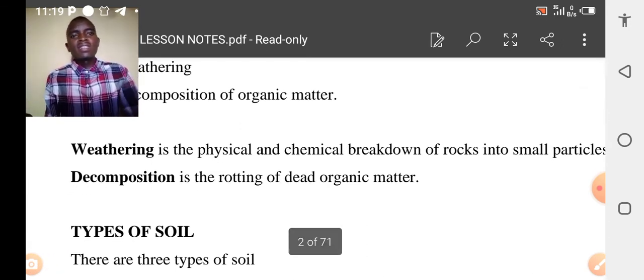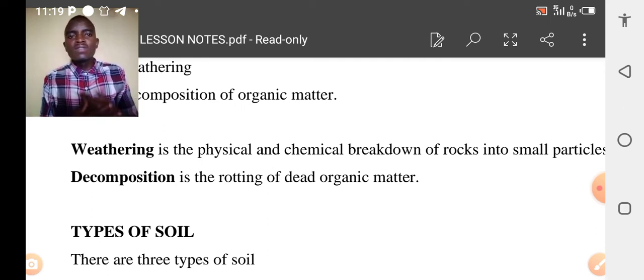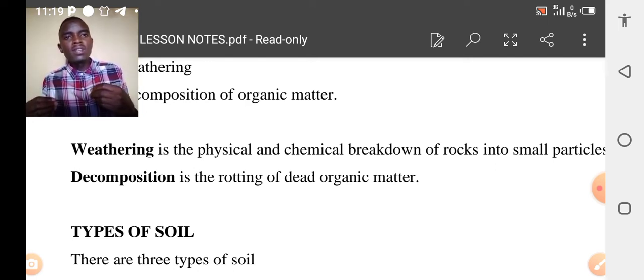Another thing in the formation of soil is decomposition. Decomposition is the rotting of dead organic matter. The word rotting means dead. When something is dead and becomes maggots, for example a dead dog, that is the meaning of rotting.